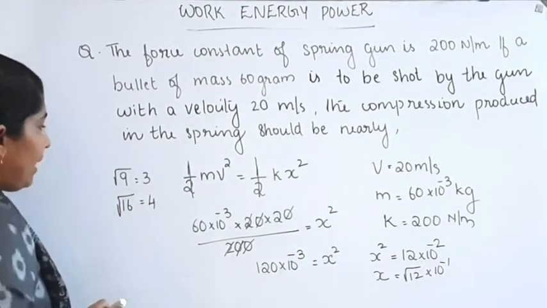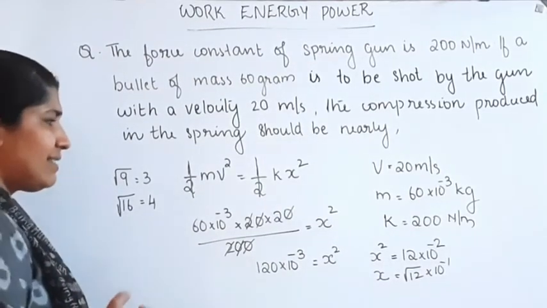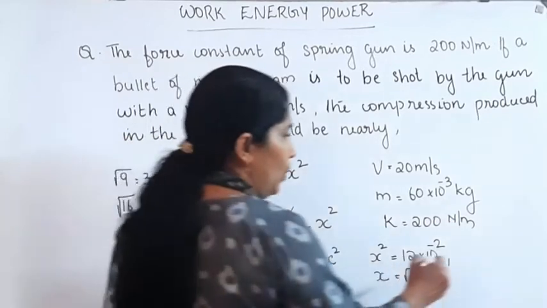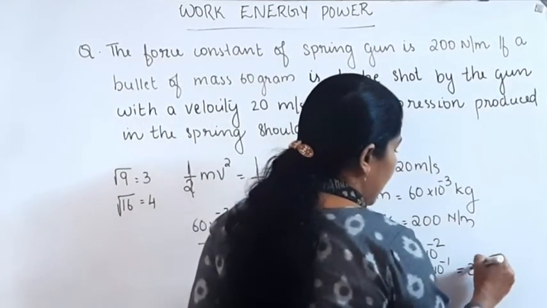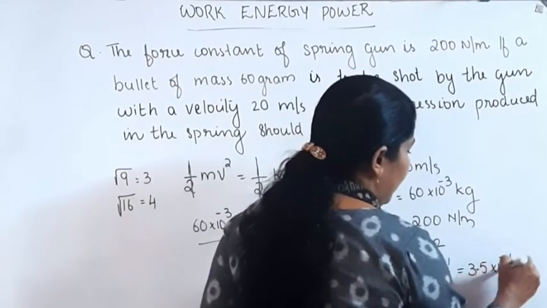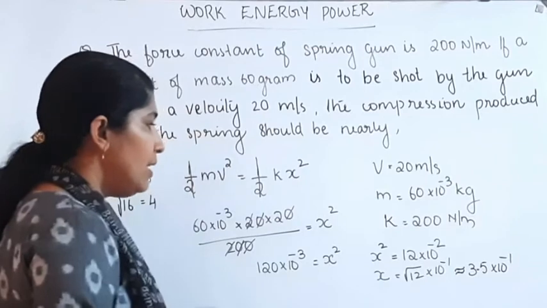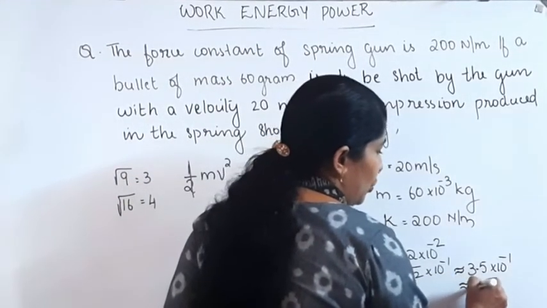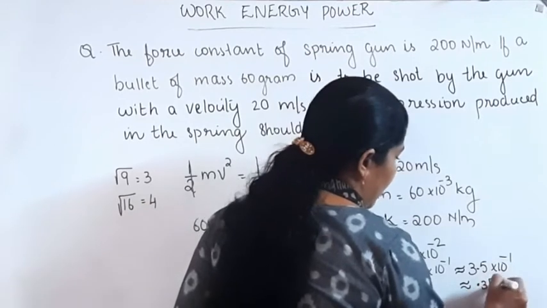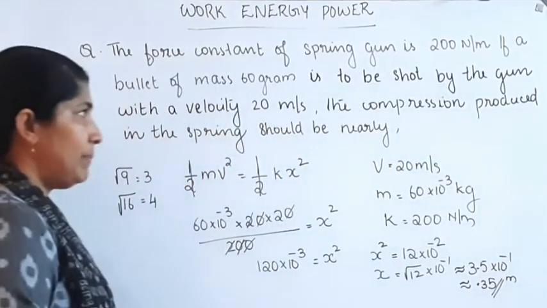Root 12 lies between root 9 and root 16, so the answer is approximately 3.5 into 10 raised to minus 1, that is approximately 0.35 meter. That is the approximate compression.